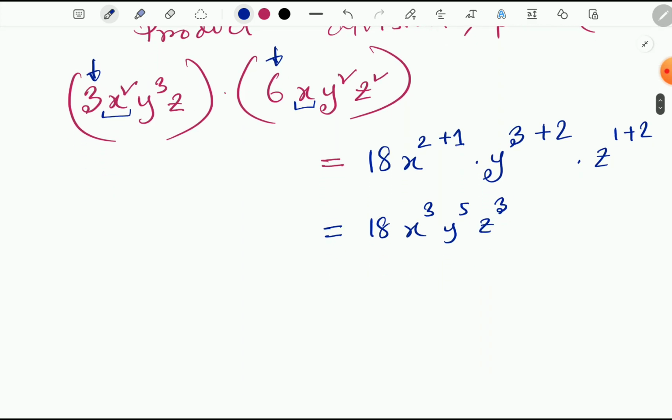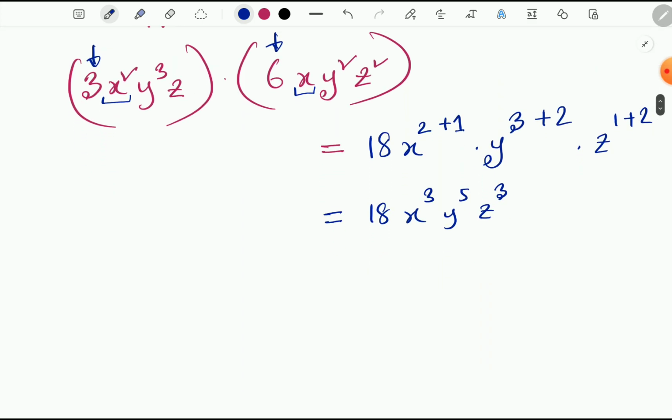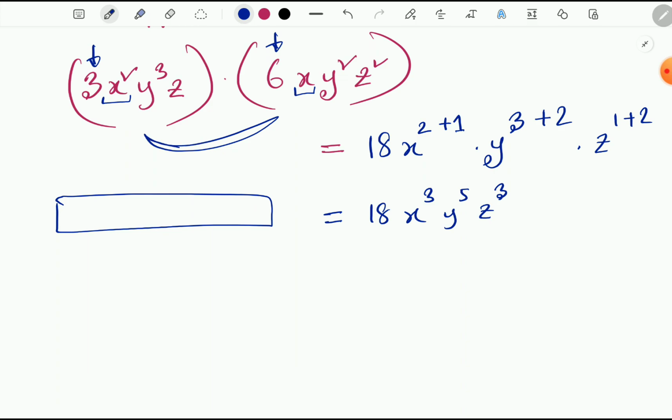So this looks simple, right? Very simple. But you know, when they make questions, like we can consider these questions in TOLC-I or TOLC-E, there are 5 options. So the 5 options are always critical and very close. They won't be straightforward like this: 18x cubed y to the 5 z cubed.